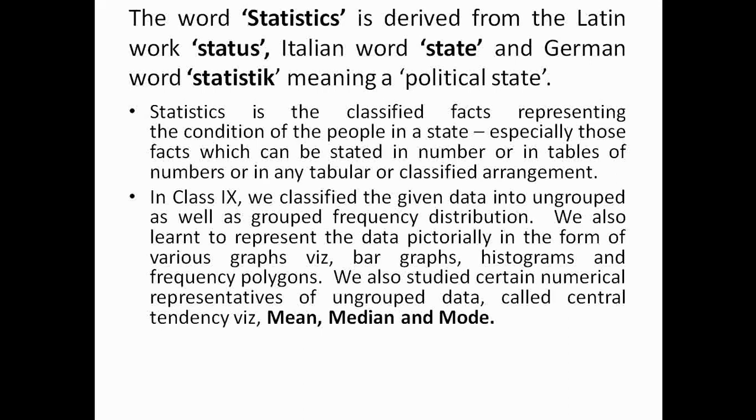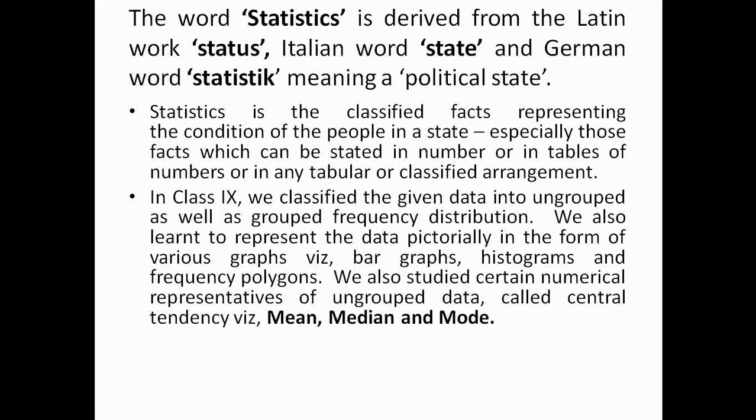Then after that it is made into group data. Then we do the frequency distribution table. We also learn to represent the data pictorially in the form of various graphs. Bar graphs you have done, histograms you have done, frequency polygons you have done in class 9.